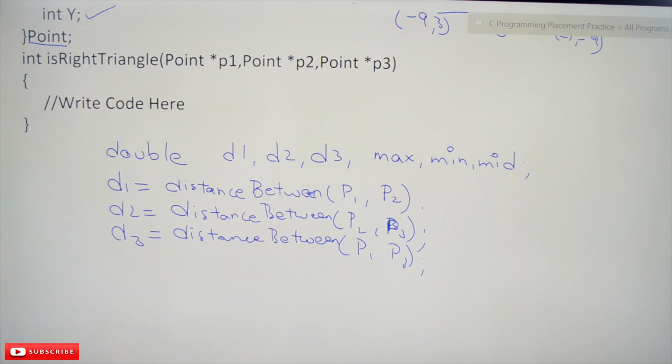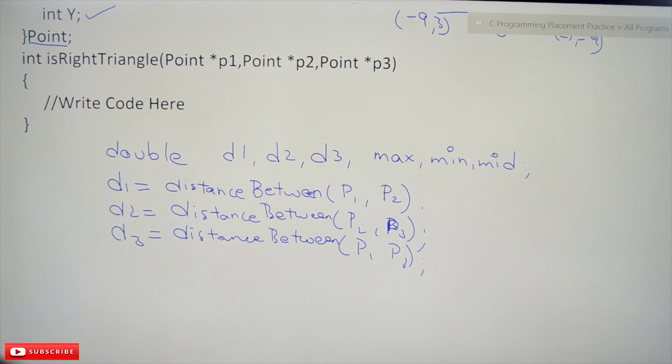That is the distance between p1 p2, p2 p3, p1 p3. Among these we have to find the maximum value. These distances are identified, and we have to find which one is the maximum.